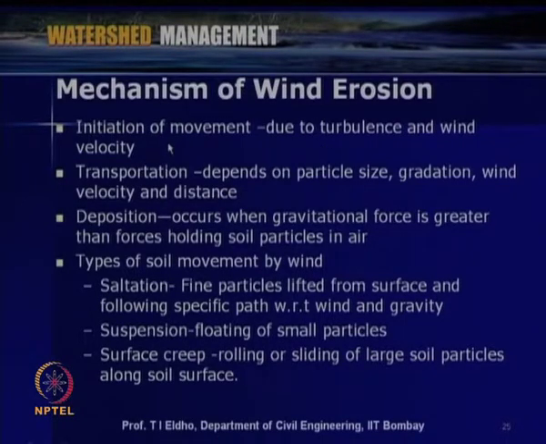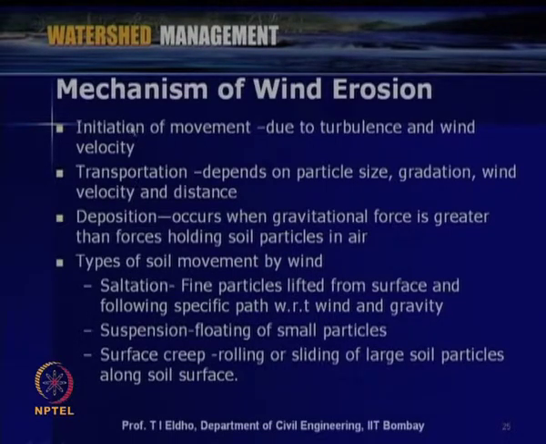As far as wind erosion is concerned, first there is initiation of movement. This is due to turbulence and wind velocity. When the wind hits the loose soil, due to the velocity the bed shear stress changes, and with the turbulence, the soil will be transported.